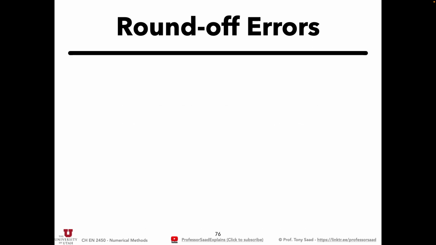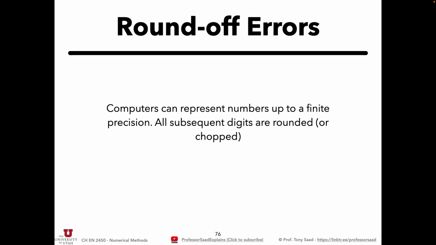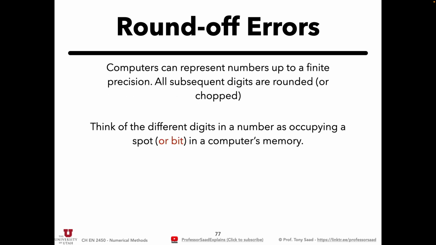So we'll start with round-off errors, and I'll give you just a rough idea of how numbers are represented in computers and what round-off is. It's not an exact description because I don't want to go into the theory of bits and binary numbers. That's not that relevant to what we need to do. Computers represent numbers up to a finite precision, like you heard from the Ariane discussion.